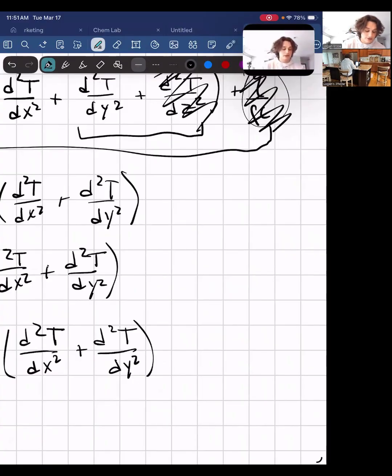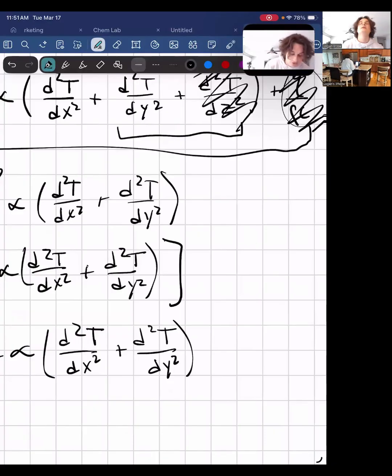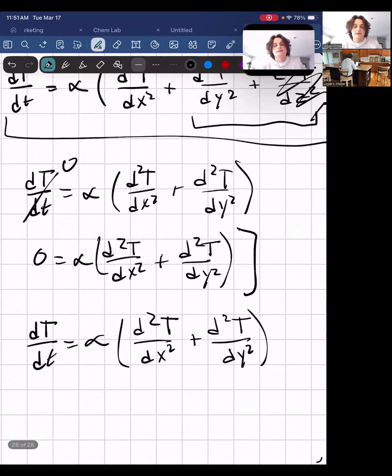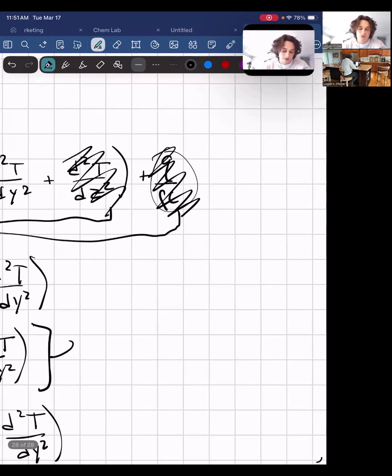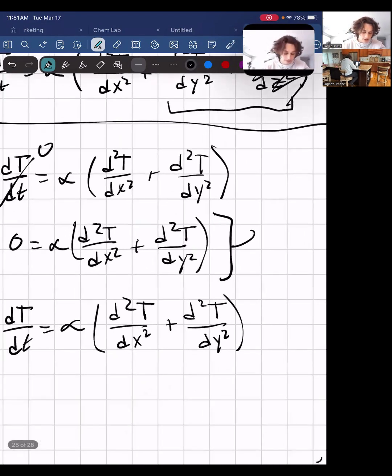It's now 2D. Now this is our 2D heat diffusion equation at steady state with no energy generation. This is the first part of the question that it asks for, right? We know steady state means there's no change in temperature with time, and no heat generation. We know that Q over rho C has to go to 0.